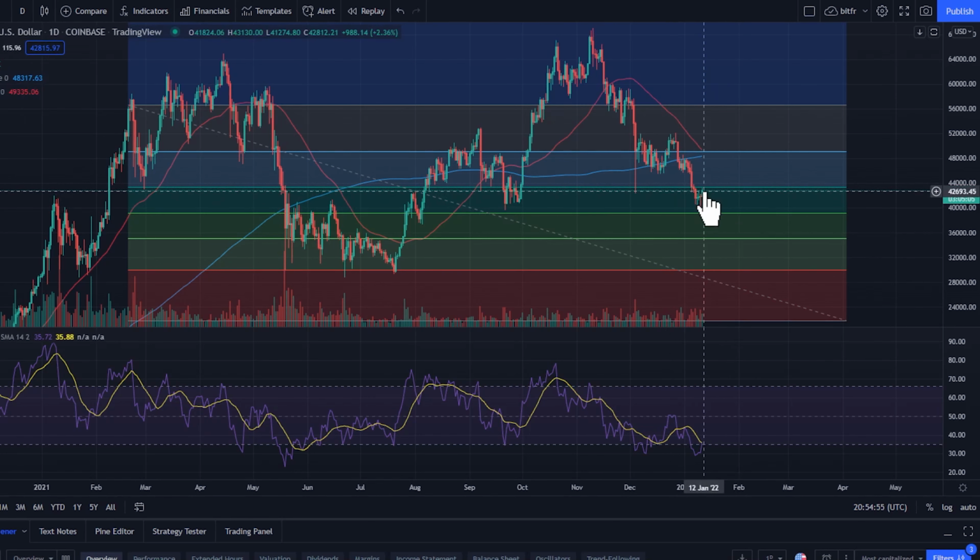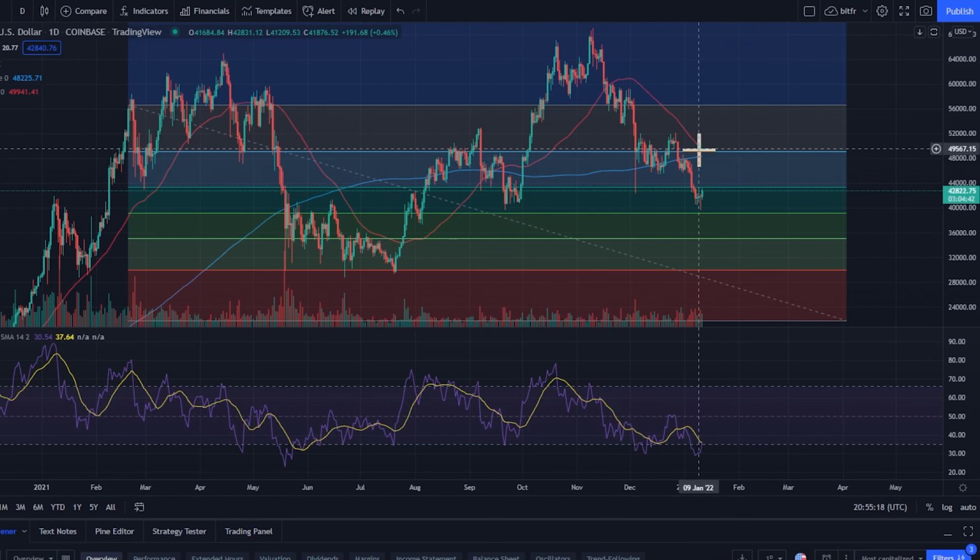So right now we're testing about the $43,000 range. If we do cross over that death cross there, I do believe we're going to drop down to somewhere around the $39,000 range.